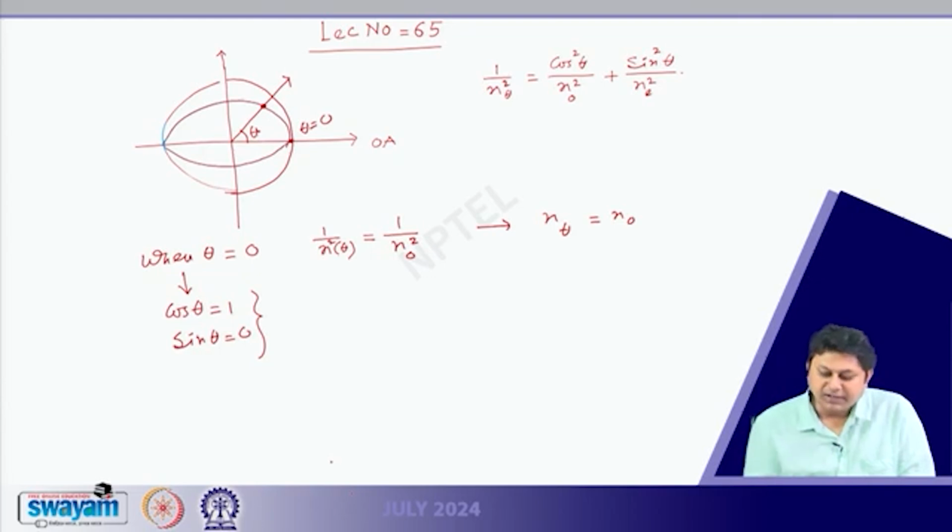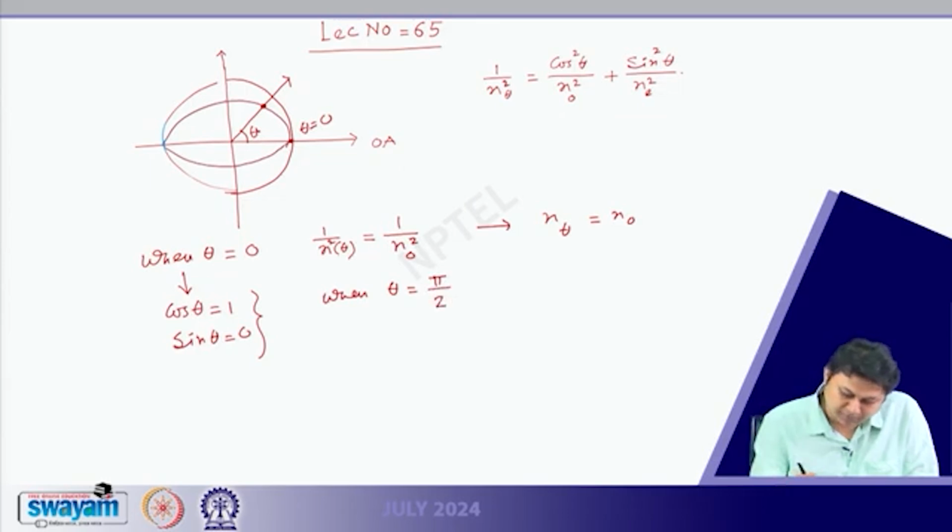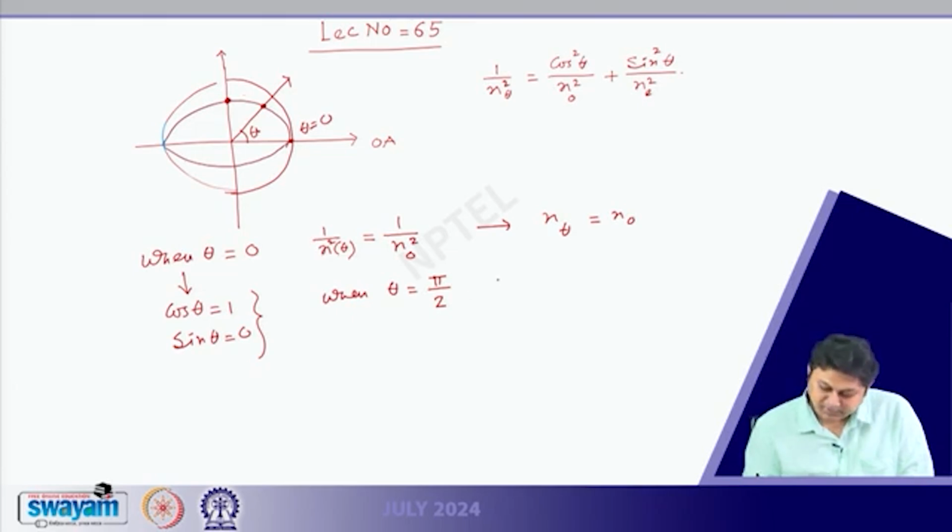Now we increase the value of theta, and when theta is equal to pi by 2, then cos theta will be 0 but sin theta will be 1.